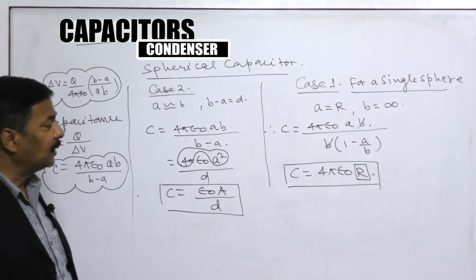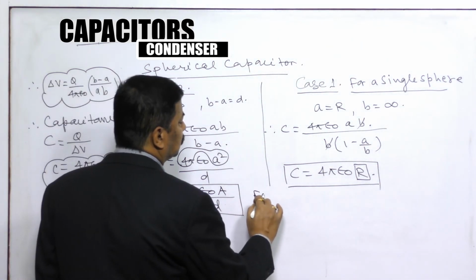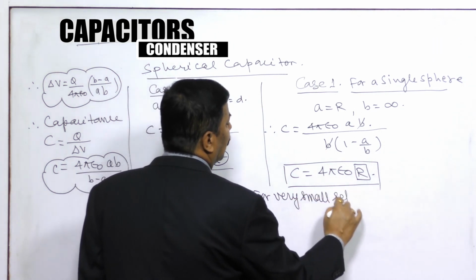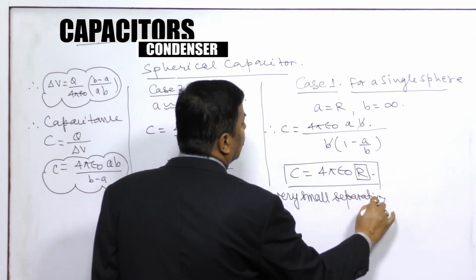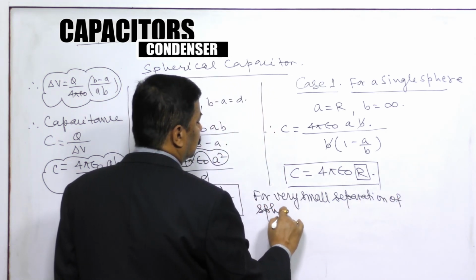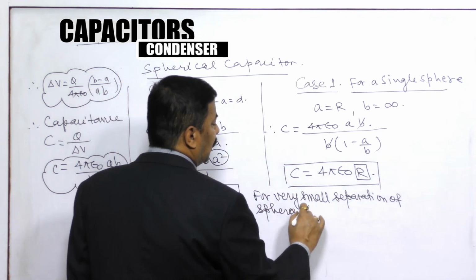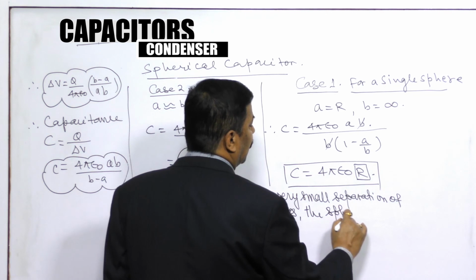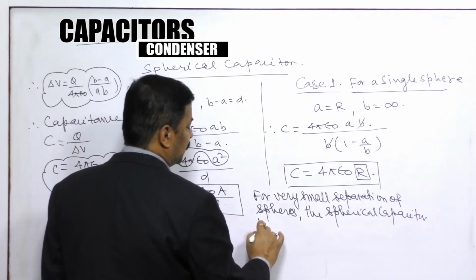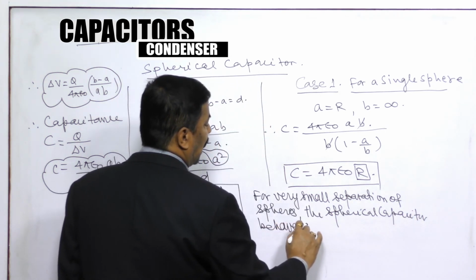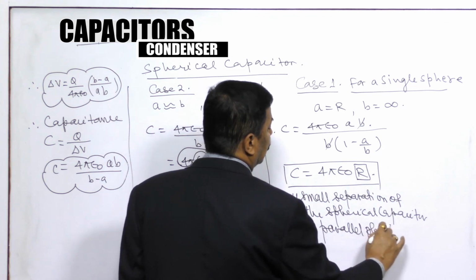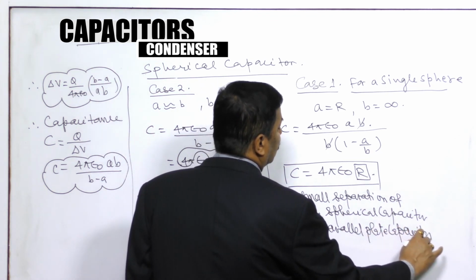So a very important result is coming: for very small separation of spheres, the spherical capacitor behaves as a parallel plate capacitor.